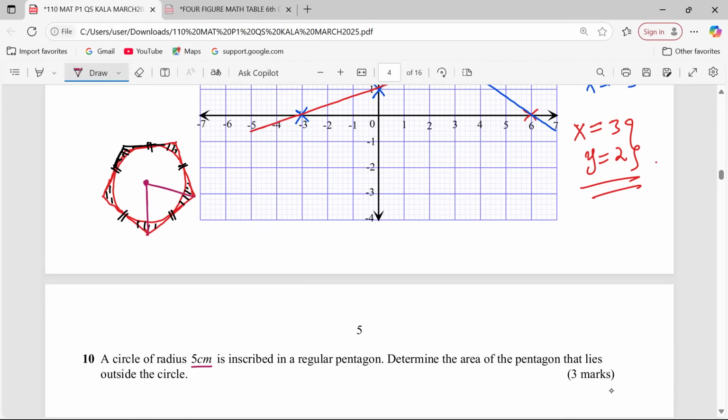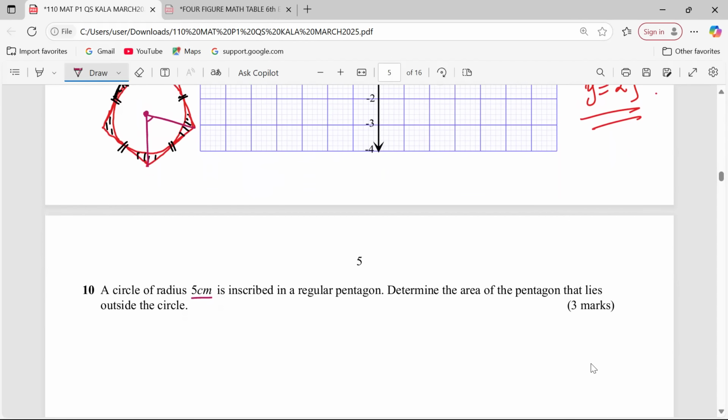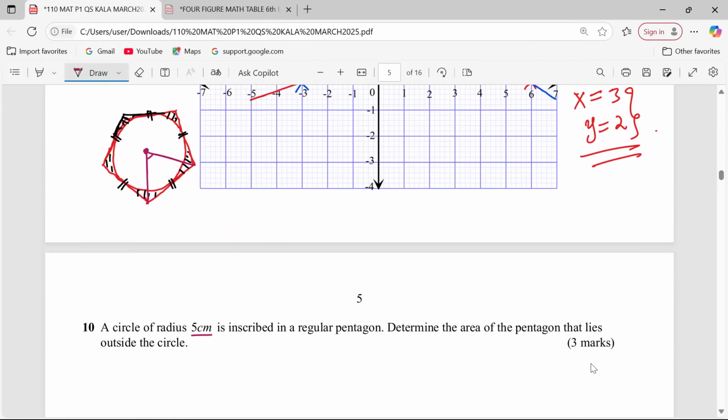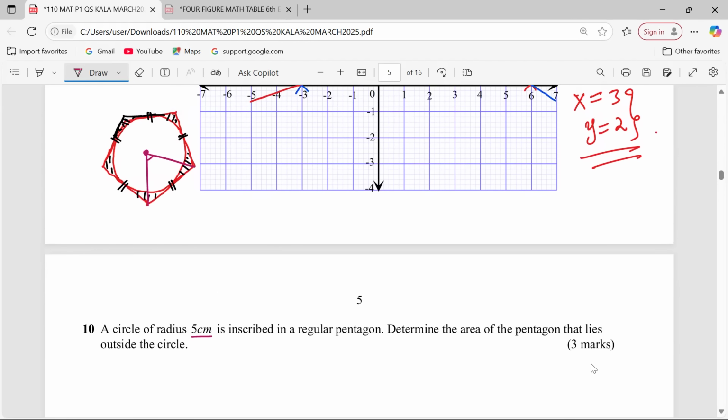So this pentagon can be divided into five equal triangles. And if it can be divided that way, then it will be very easy for us to find the area of one triangle, then we multiply it by 5 such triangles. Because being a pentagon, it can be divided into 5 of them that way.